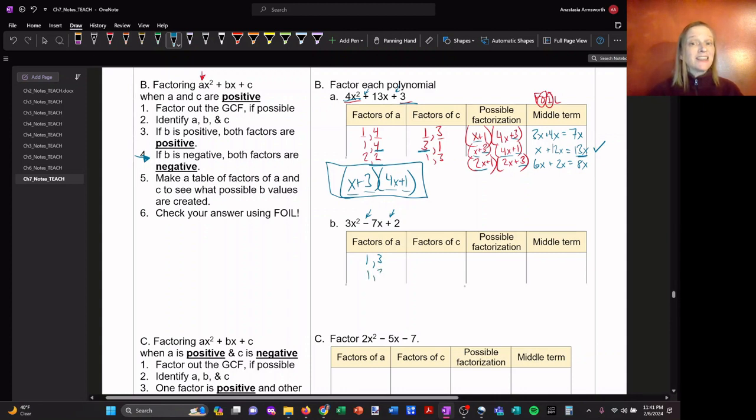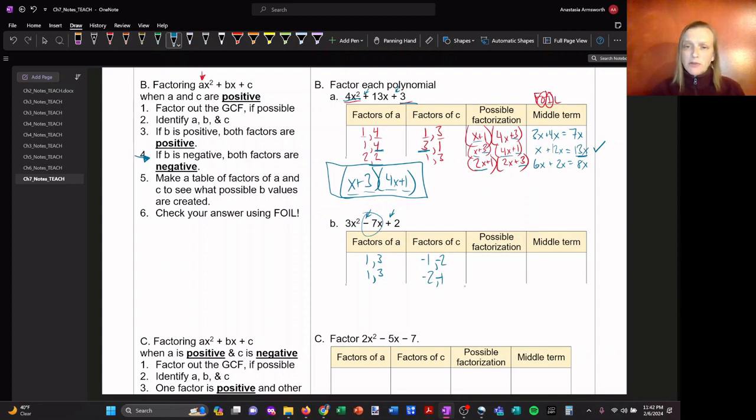Just like before, I'm going to need to list that twice because I'm going to have factors of C. I could have 1 with 2, or I could have 2 with 1. So I could go in the order 1, 2, or I could go in the order 2, 1. Remember, all of these factors of C have to be negative because when I add up my middle terms, they need to have negative signs so that my B value can be negative overall.